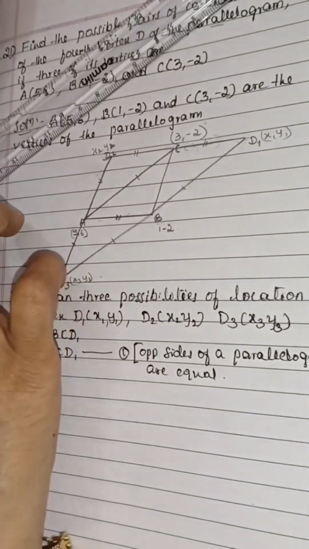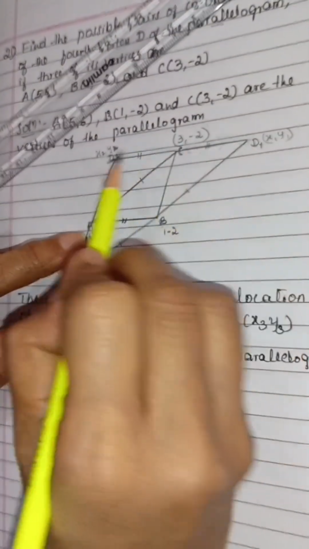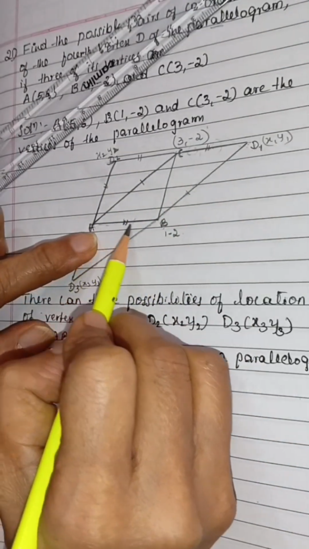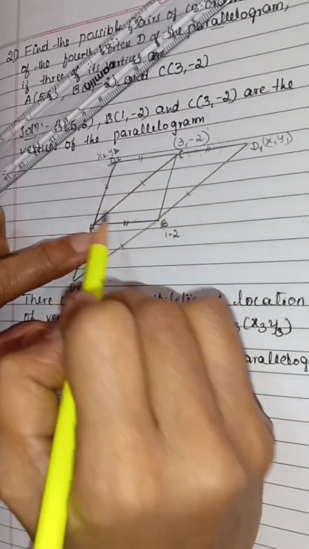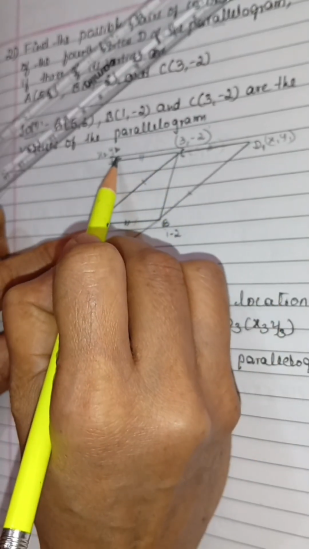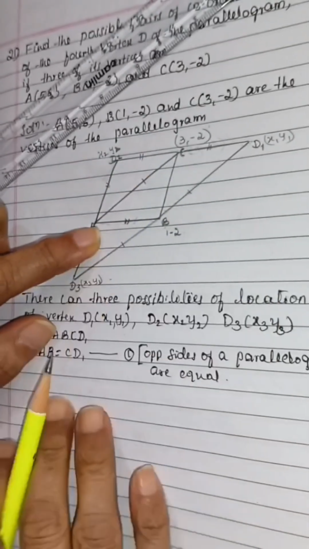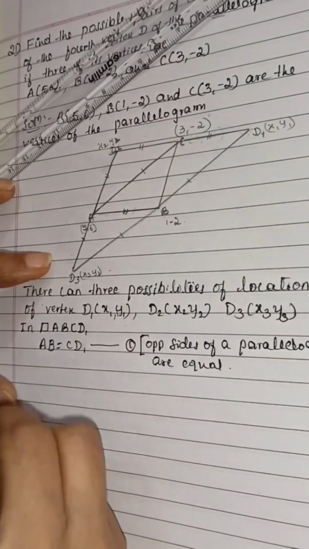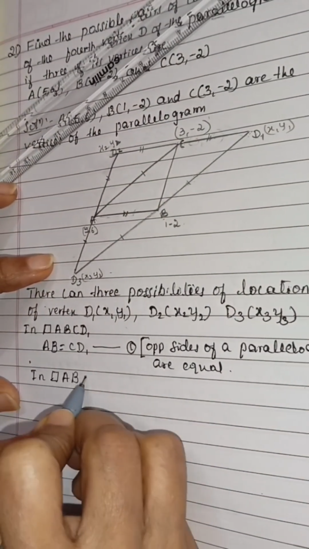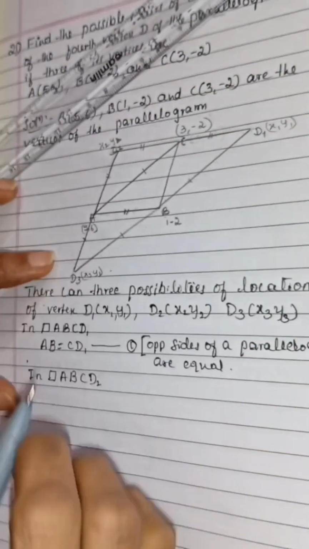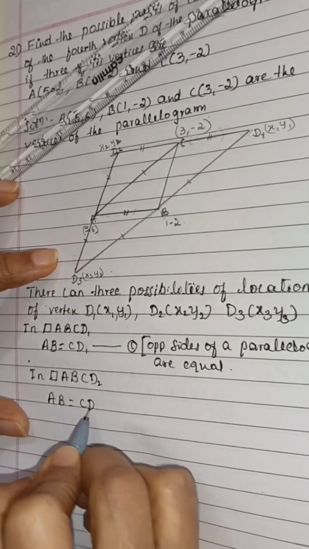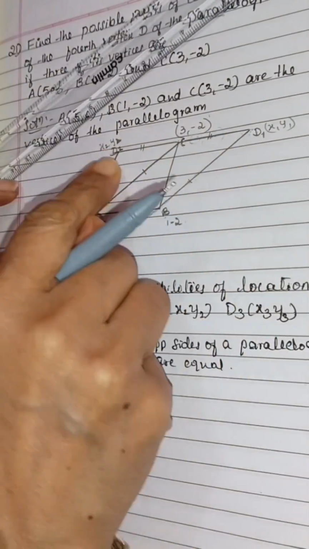Now we have to take parallelogram ABCD2. Again, AB is equal to CD2. We will write in quadrilateral ABCD2, AB is congruent with CD2.